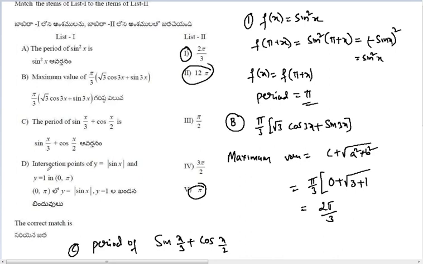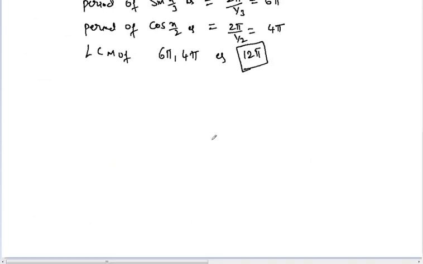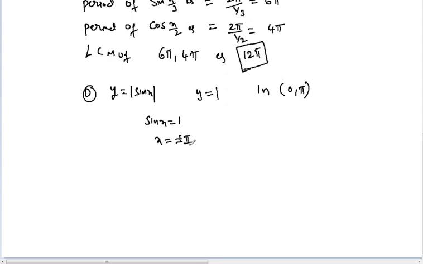And fourth one, intersection of the points of y is equal to mod sin x and y is equal to 1 in 0 pi. So here is D. So y is equal to mod sin x and y is equal to 1 in the interval 0 comma pi. So y is equal to mod sin x and y is equal to 1, that is sin x is equal to 1, that x is equal to plus or minus pi by 2.